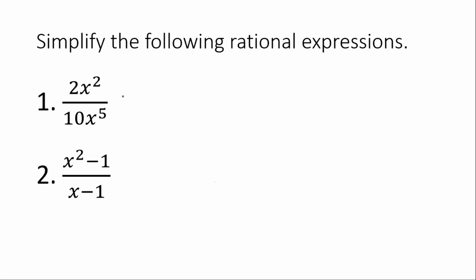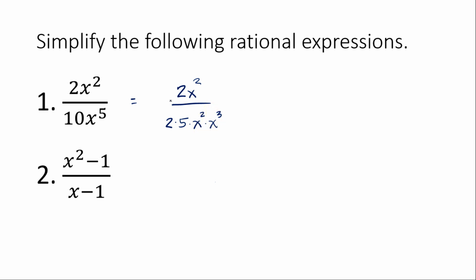To simplify the following rational expressions. Number 1, 2x squared over 10x to the 5th power. I-rewrite lang natin siya para madali nating makita kung ano yung mga pwedeng i-cancel. So we can rewrite this as 2x squared pa rin for the numerator. And for the denominator, we can rewrite this as 2 times 5. X to the 5th can be rewritten as x squared times x to the 3rd power.